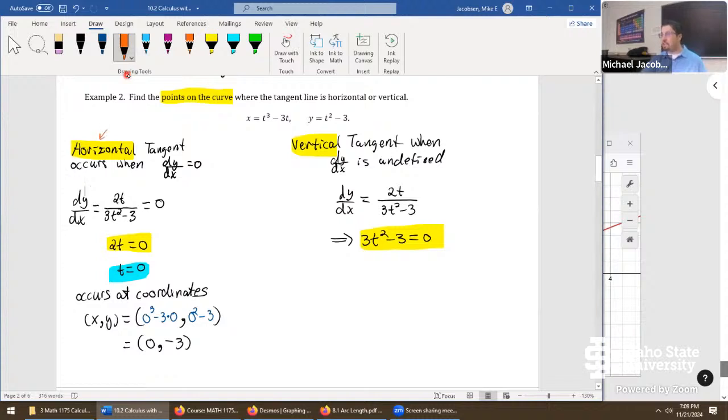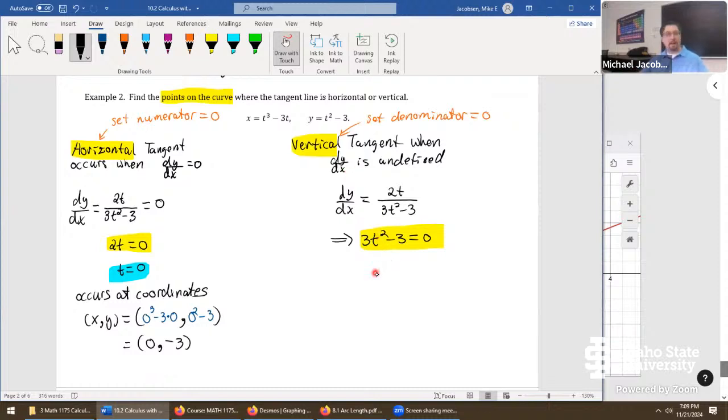For horizontal tangent, set numerator equal to 0, and for vertical tangents, set denominator equal to 0. So it's kind of a cool approach in a way. We're essentially just doing horizontal set to 0, vertical set to 0, and it makes sense. A horizontal line involves y, the numerator. A vertical line involves x equals a number, that's the denominator.